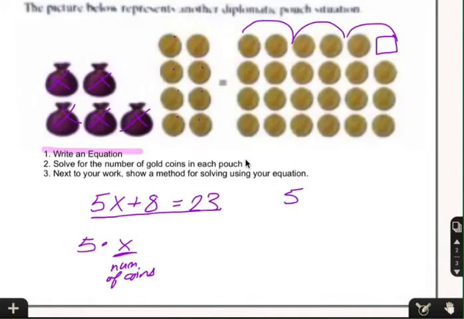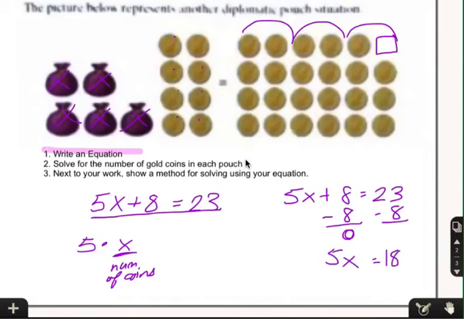I'm going to use my rules of equality, right? 5X plus 8 equals 23. I want to use my identity law and take away 8 from this side so that I'm left with 0, so that it's a little easier for me to work with this equation. And by doing that, I need to pay attention to equality and remove 8 from the right-hand side as well. So 23 minus 8 equals... oops, I'm sorry, that's not 18. That is 15. Now I have 5X equals 15.